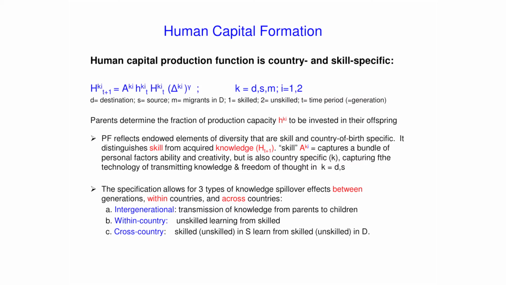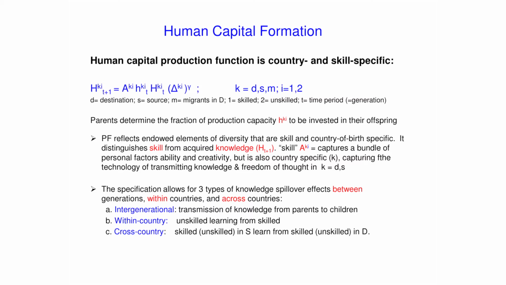The distinguishing aspect of this particular production function is that it reflects endowed elements of diversity, as I said, skill and country specific, but that it distinguishes skill from acquired knowledge. Acquired knowledge would be the amount of human capital generated in the next generation. The skill would have to do with a bundle of personal factors, such as ability, cognitive or non-cognitive.